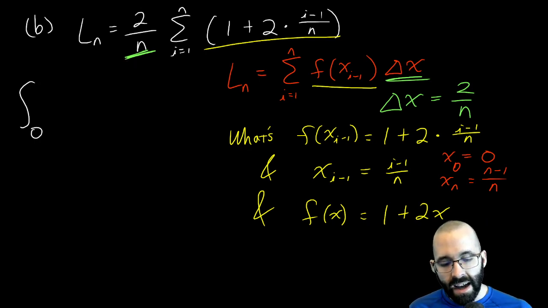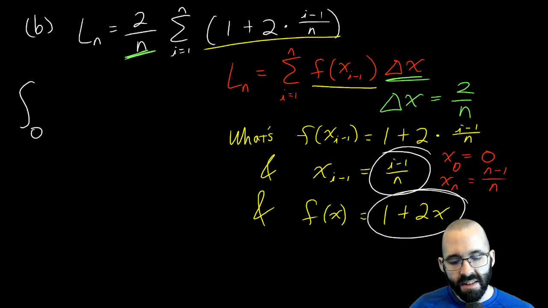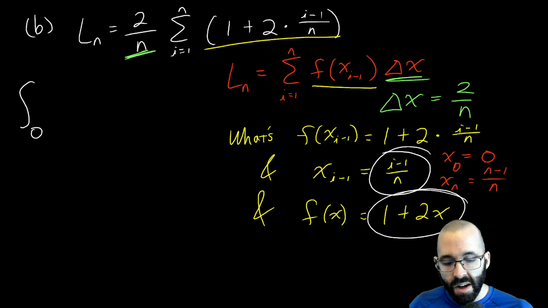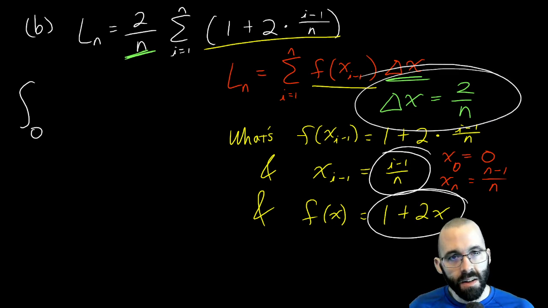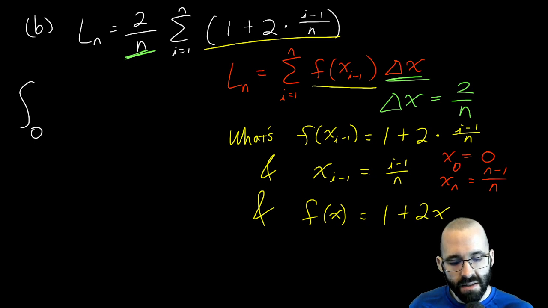So I guessed that this was our x sub i minus 1, which gave us this as our function. And that's a perfectly good guess. We know it's not true, though, because of this. So start with a guess, just like a lot of calculus, and then refine it.